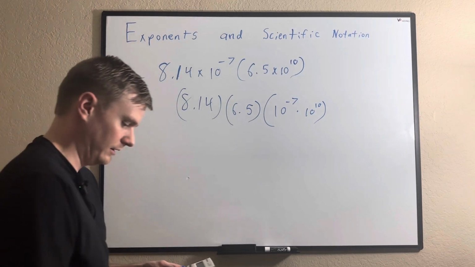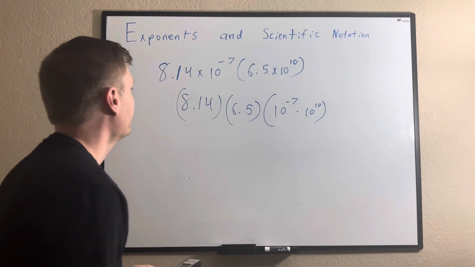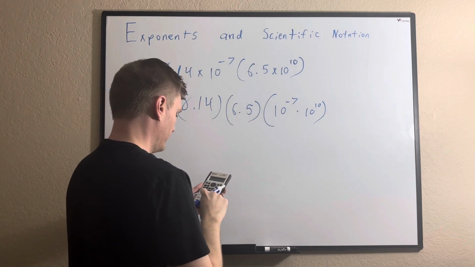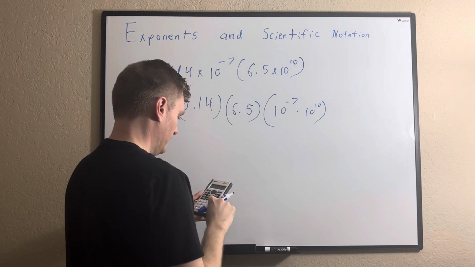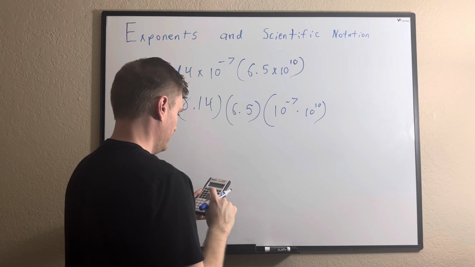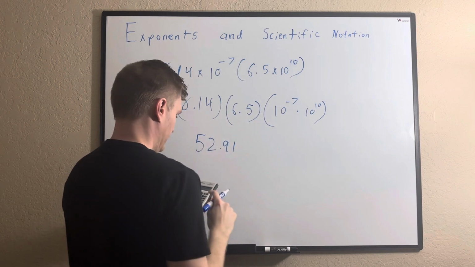Now let me grab my calculator here. It's pretty much always going to have to use a calculator for these problems. Let's just do this part though. 8.14 times 6.5. 52.91, that sounds right.